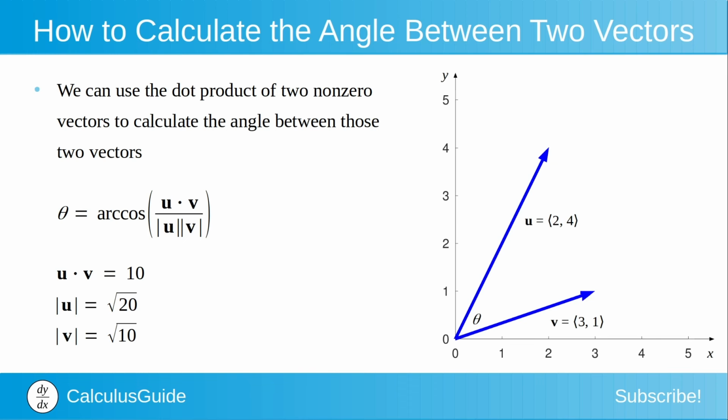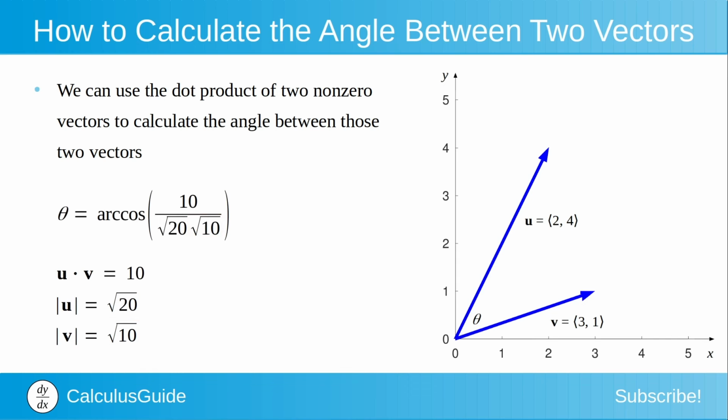I'll now substitute these values into the equation for the angle between two vectors. The dot product, u dot v, is equal to 10. The length of the vector u is equal to the square root of 20. And the length of the vector v is equal to the square root of 10.